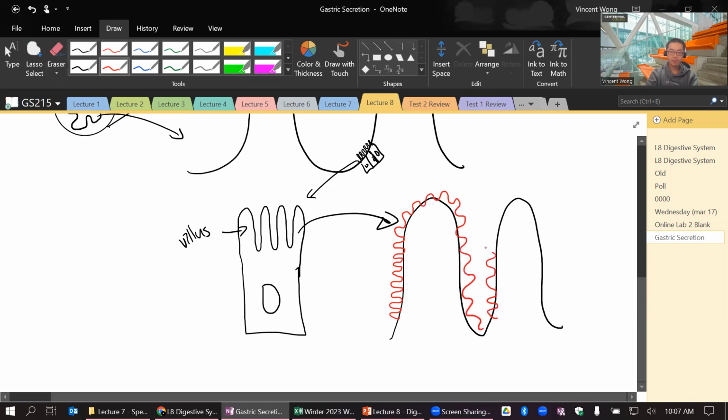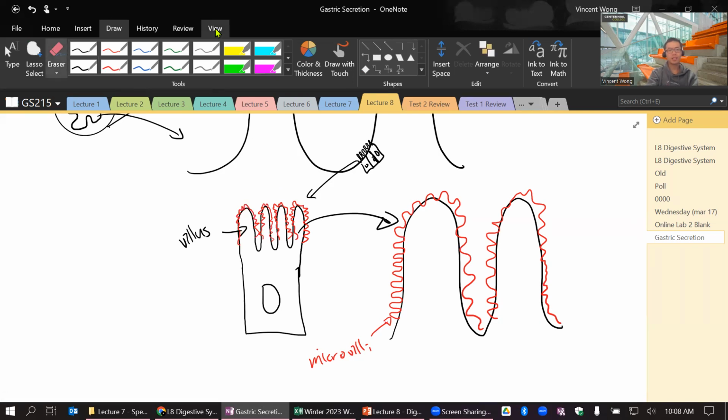These are called microvilli. It's like little projections on top of the projections. Do you understand this?